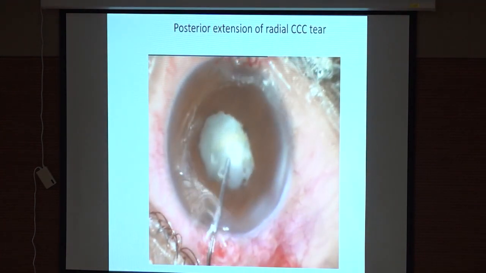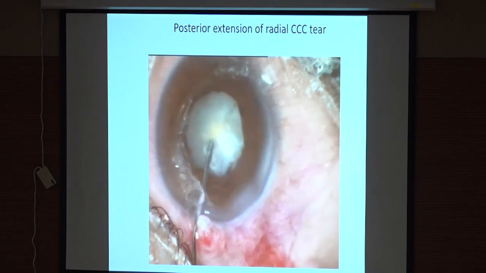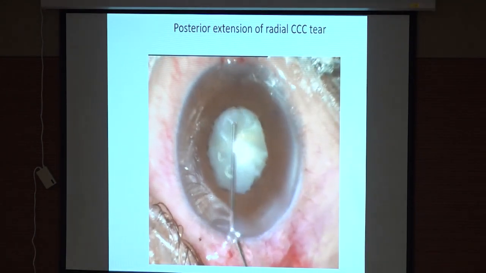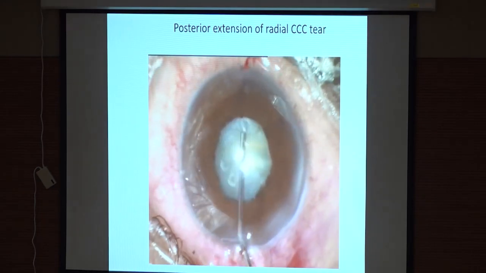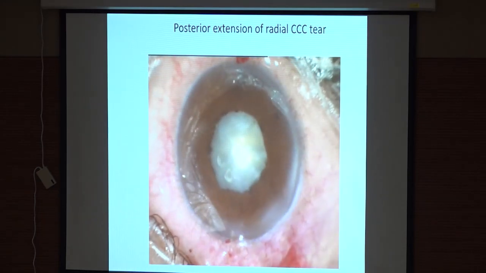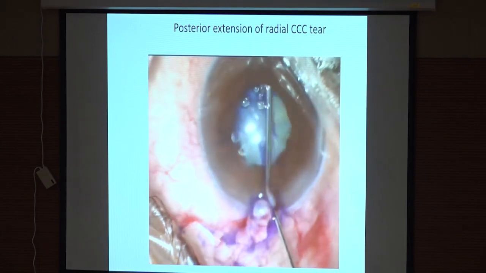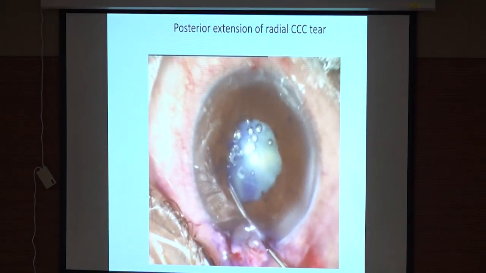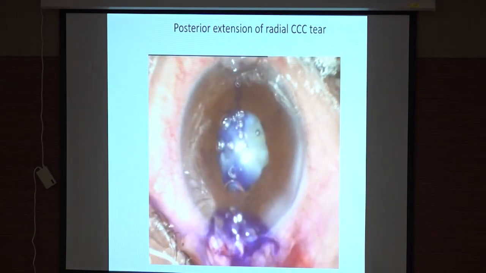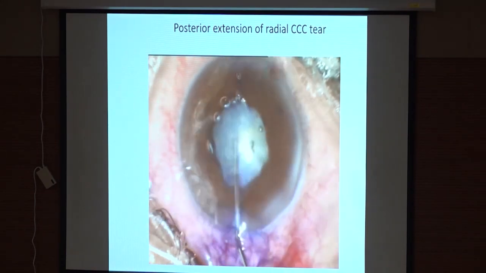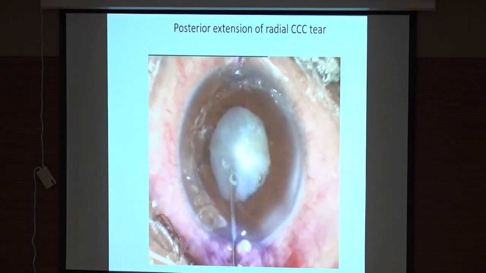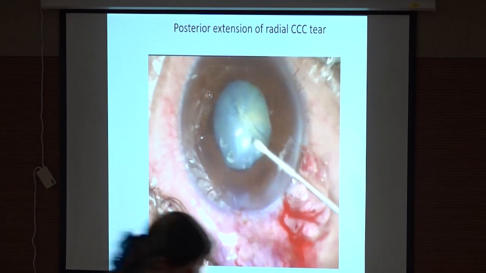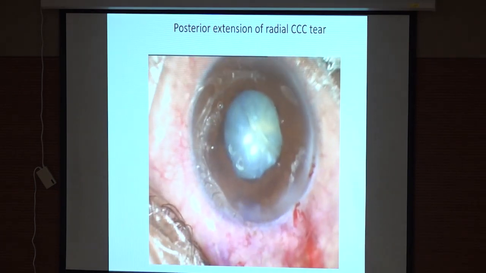Now, a very old video, almost I would say 17, 18 years old. I was doing a small pupil uveitic intumescent kind of cataract, and this is something I used to do in those days. Once I had stained the anterior capsule and I was trying to do the CCC, at some point the CCC went radial, and once the CCC goes radial, then you have to be careful with the subsequent steps.